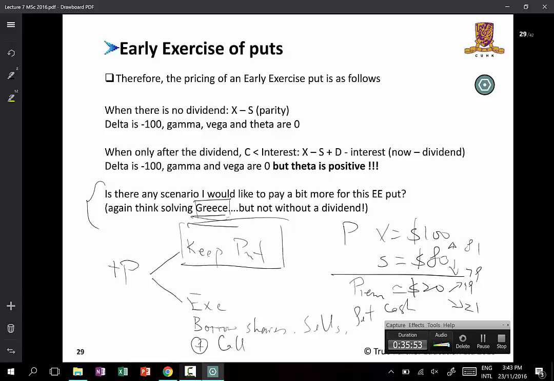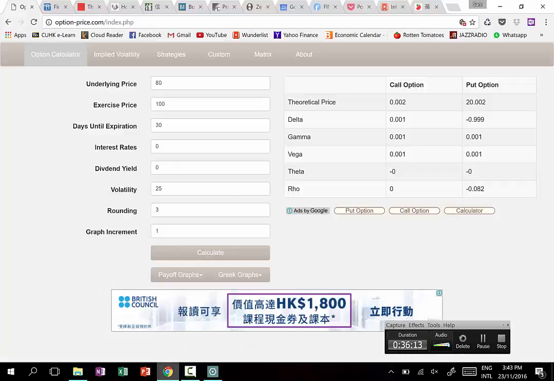Okay, however, please understand that in the end, if it's an option, even if it's a deep in the money option, there are other circumstances that can affect the pricing. Let me give you an example. For instance here, I want you to look at the put option on the right hand side.